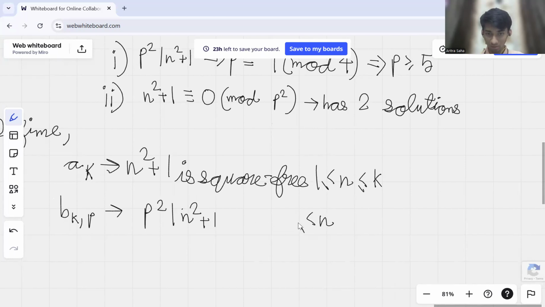So for each different prime, we'll have a different B(k, p), so it also depends on p. Do you see why we introduced this function? How can you connect these two functions? They're connected in some way. You just have an extra p here. So what do you have to do to remove this p?